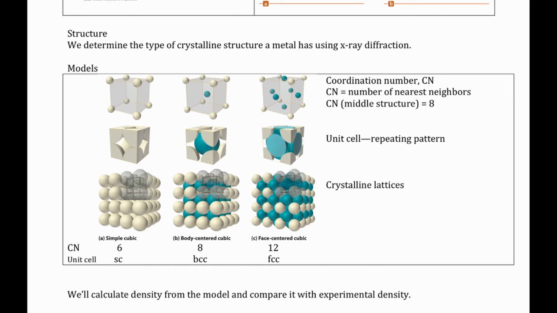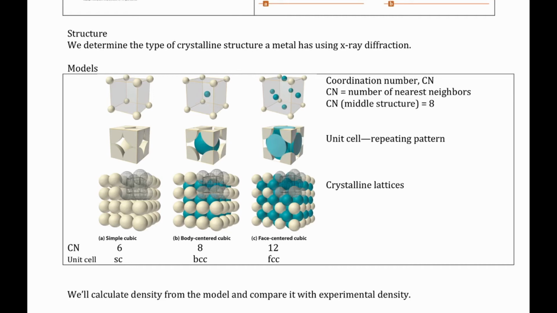We can separate our layers a little bit and insert an atom in between them, kind of in the dimple there. And those atoms, although shown green and white, are all the same kind of metal, like all sodium or all magnesium. The different colors are just used to show the different positions of the atoms, but they're all the same type.